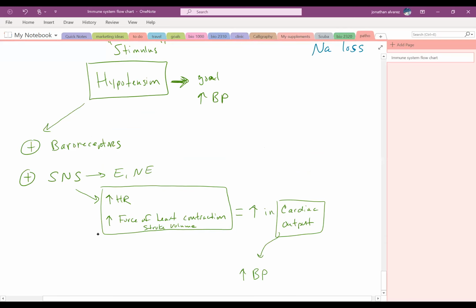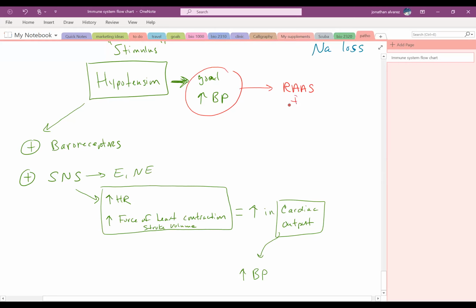All right. Another route your body can take to increase blood pressure would be through the RAAS system, right? The renin-angiotensin-aldosterone system or mechanisms. All right.